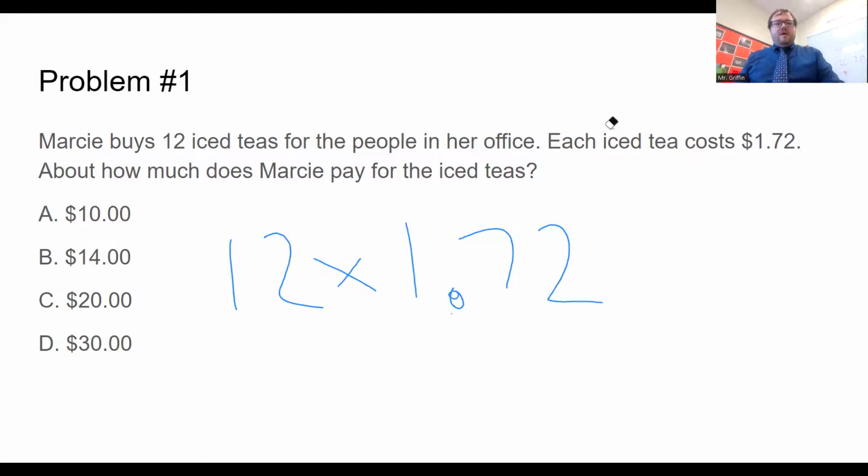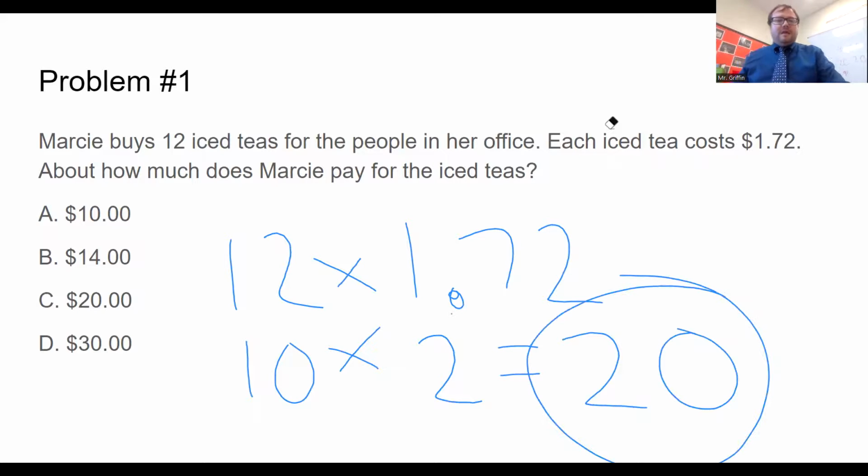I'm going to round my 12 to the nearest tens place, which would be 10. Then my $1.72 to the nearest ones place, which would be 2. 10 times 2 is 20, and $20. So I use my number sense to solve it, and then I also use my precise methods to solve it. If you're unsure about the estimation, find the exact answer, then estimate.